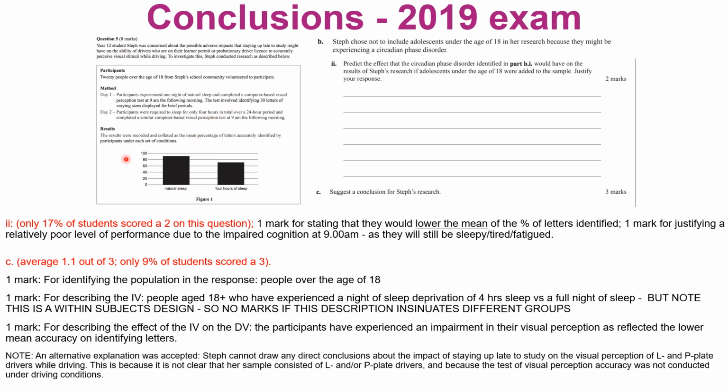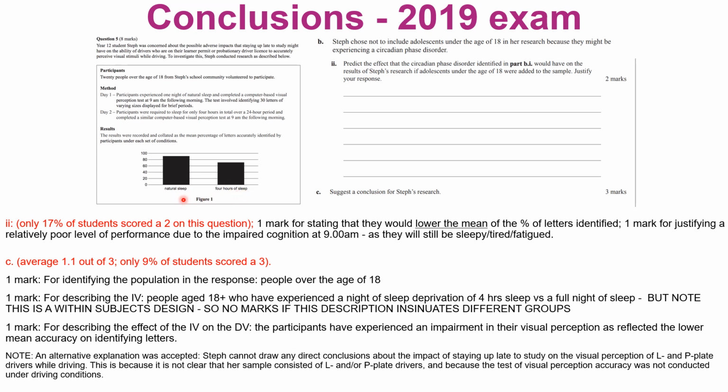So let's look at an example of writing a conclusion, because if we look at this question here, we're asked to draw a conclusion for 3 marks based on this study. So the first mark was we look at our sample. We've got 18-year-olds, and we need to reference those so that our conclusion has the necessary context. Second mark was for looking at that IV-DV relationship. So this graph has everything we need. We've got the standard condition where we've had a full sleep, and then we've sleep deprived. We've only had 4 hours sleep.